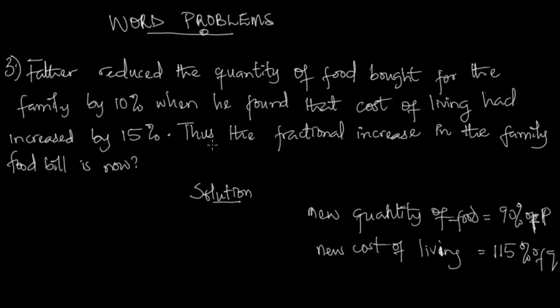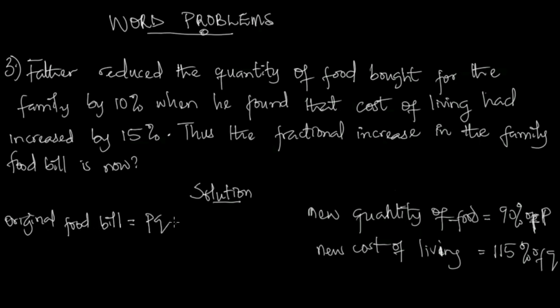So the question says to find the fractional increase in the family food bill. So the original food bill: we said the original quantity of food was P and the original cost of living was Q. That means the original food bill will be PQ. Now let me explain that.